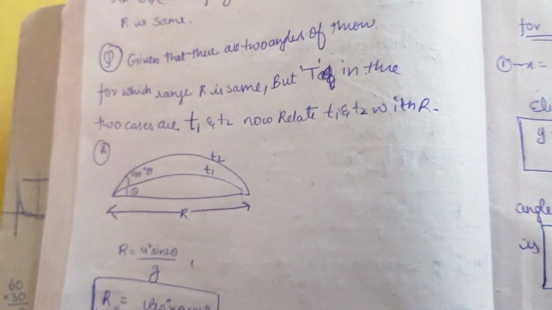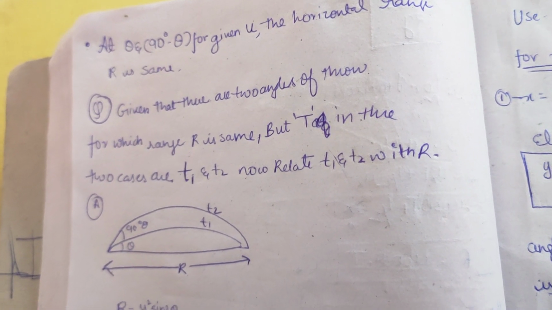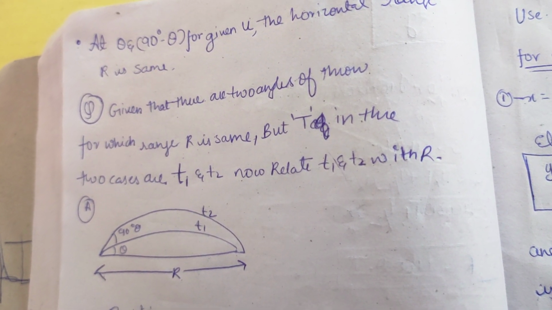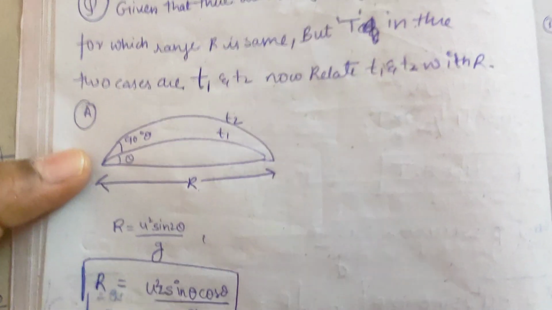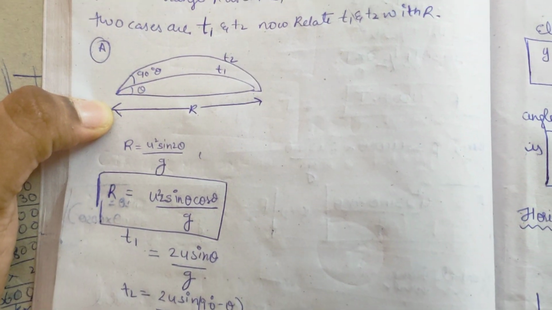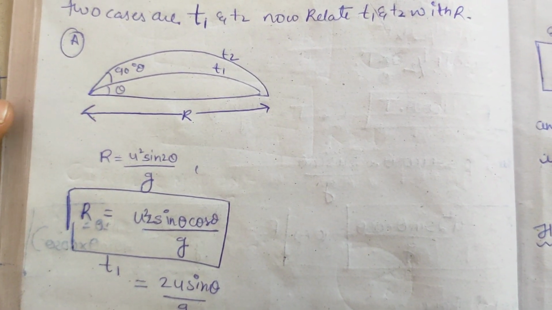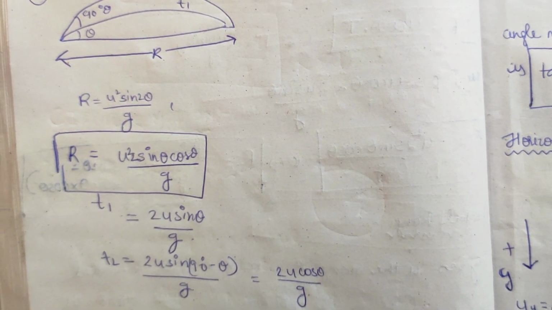Now let us discuss one question here. Given that there are two angles of throw for which the range R is the same, but the time of flight has two cases, T1 and T2. Now relate T1 and T2 with R. Here you can see the diagram as per the question. Then R equals, we know, u square sin 2 theta by g, or R equals u square sin theta cos theta by g.